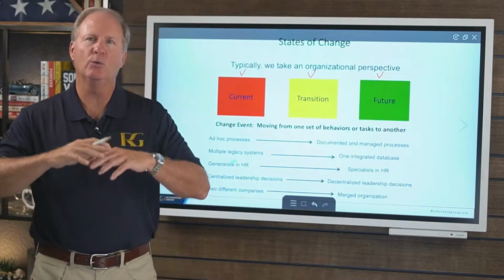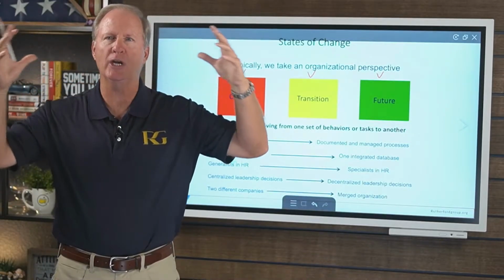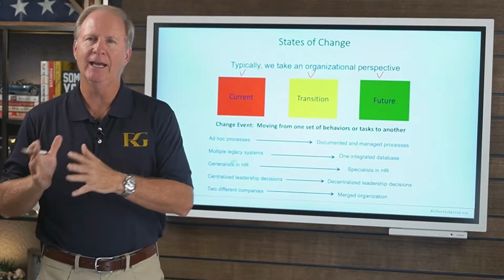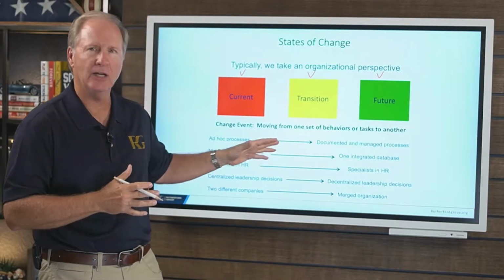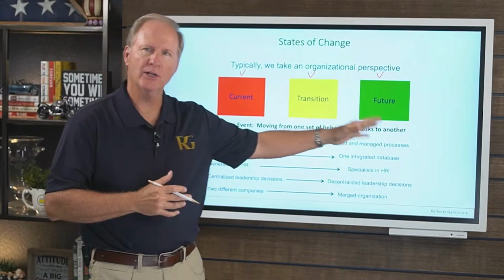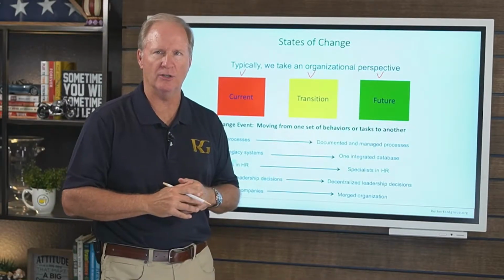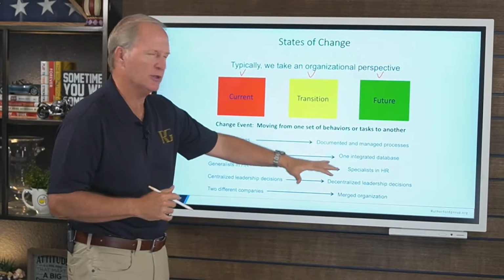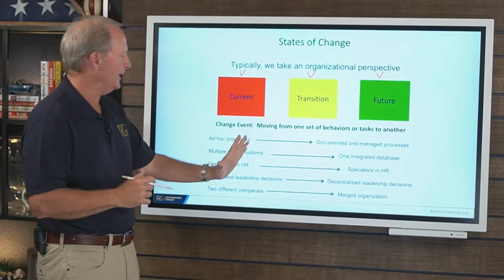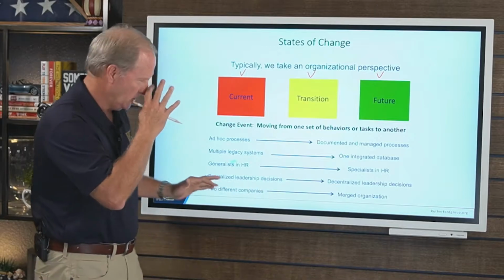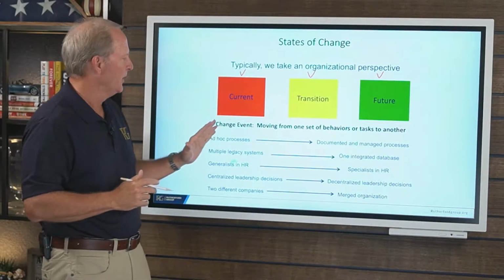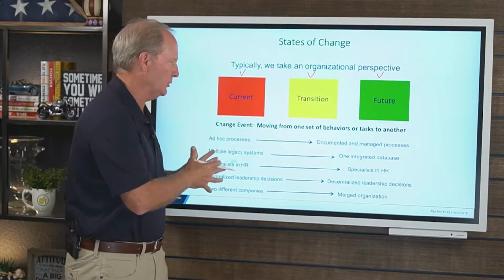These typically in organizations are where we look at change at a macro level. In essence, what situations, tasks, and behaviors are needed to change or shift for the organization to achieve its change initiatives. So if you look here, let's take a look at some examples. And ideally, we're moving from one set of behaviors or tasks to another. So here what you can see in this first one is we have ad hoc processes that we're doing today.